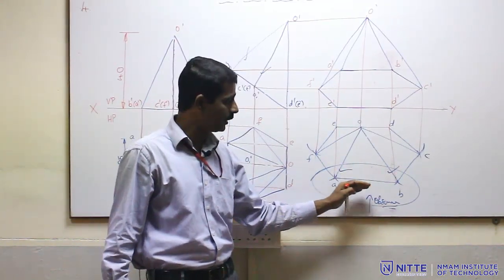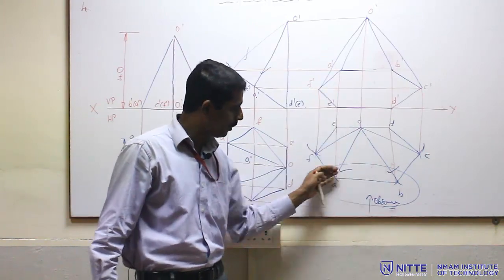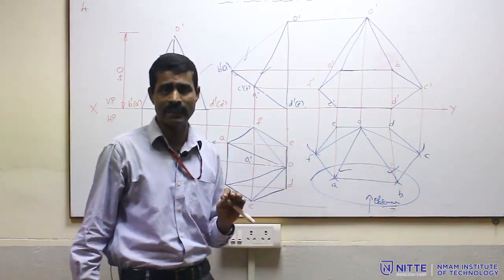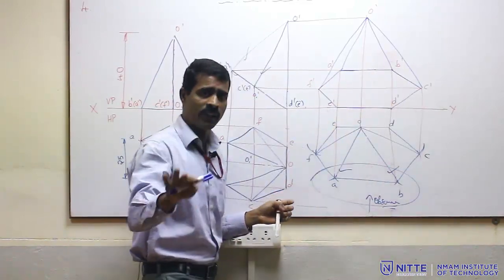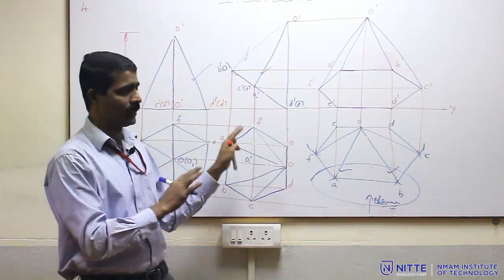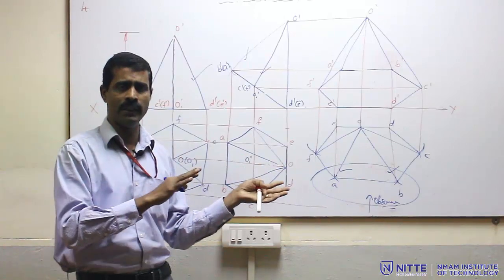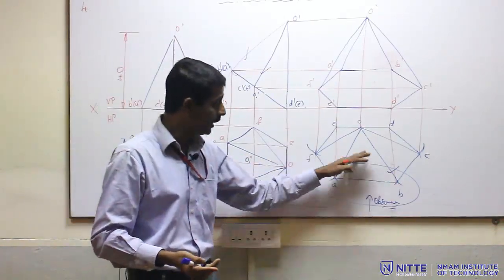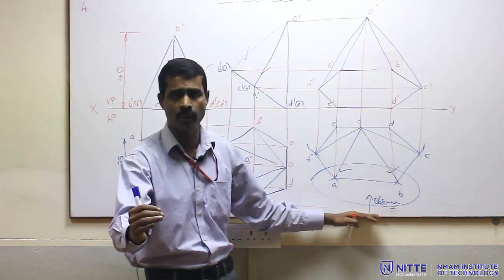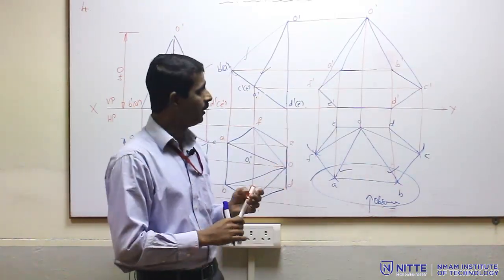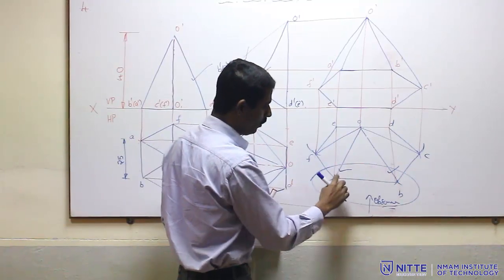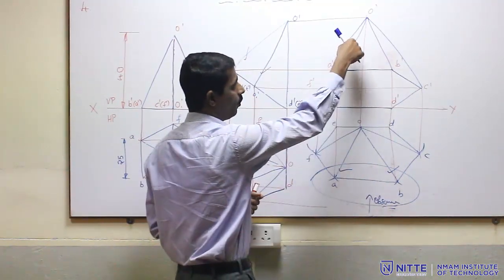And one more thing, apex is away, base is nearer. That way also you can understand. Apex is here, base is here. So, entire base is always visible, whether it is a pyramid or a prism or anything. It could be a cylinder or it could be a cone also. If the base is nearer to the observer, then it will be 100% visible in the final view. Okay. So, OA and OB is also visible because A and B are very close, OA dash A dash.